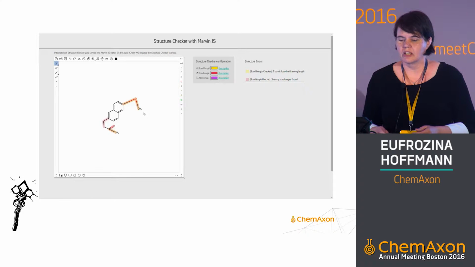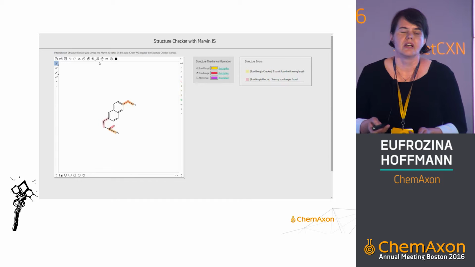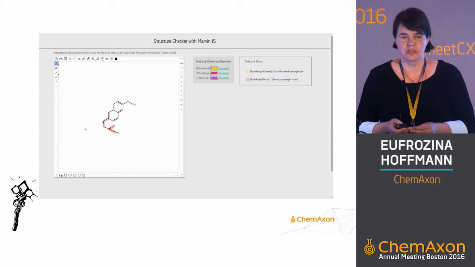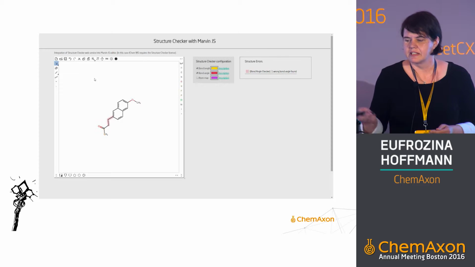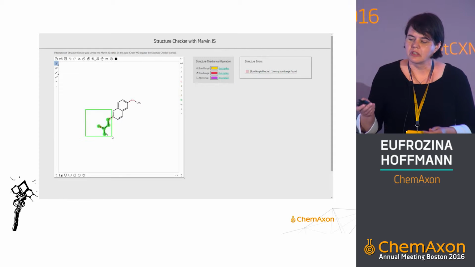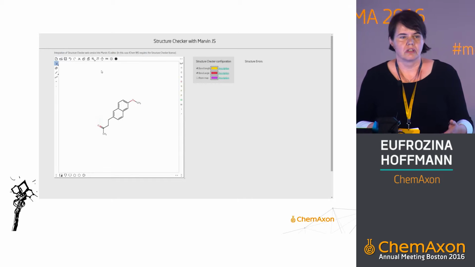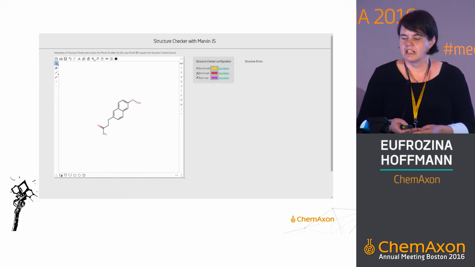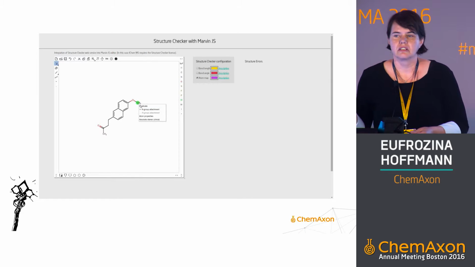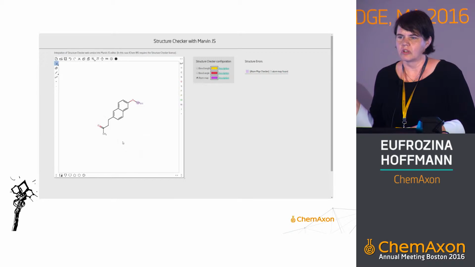And I just wanted to show one of the possible integrations, which we did with our structure checker web service. You can see the other features that we added this year, that you can color from the API with different coloring patches. And here I'm just showing 3 checkers. Structure checker has more than 40 checkers.